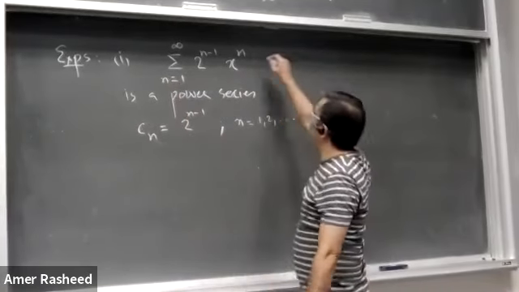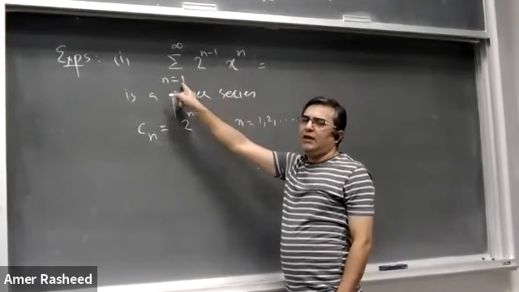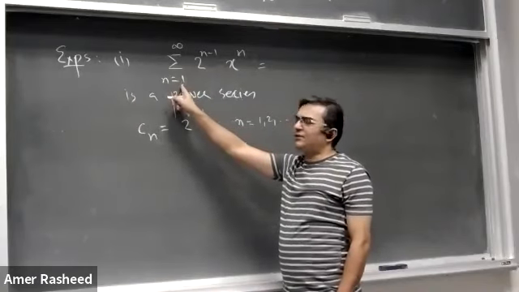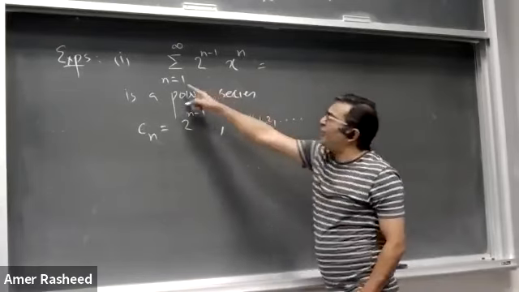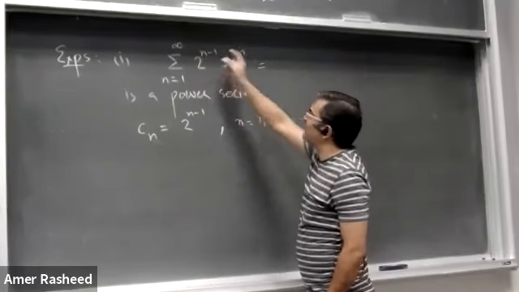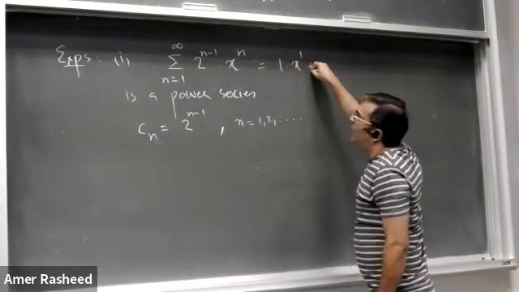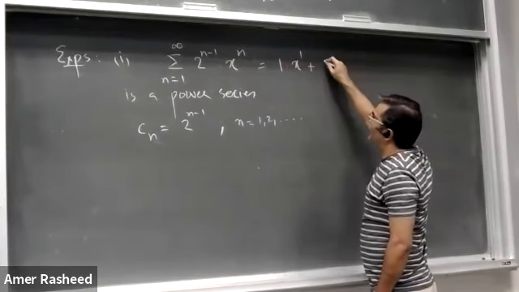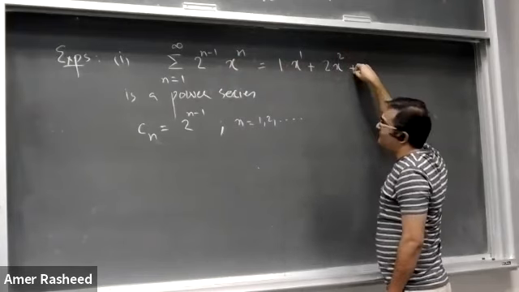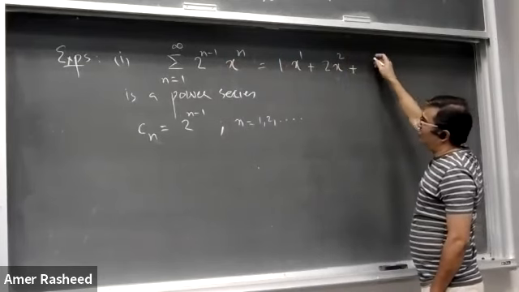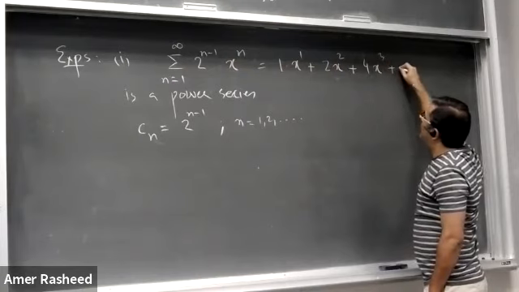Now, if we open up this thing, what do we get? We put n starting from 1. In a series, n could start from 0 or 1. It doesn't matter. So if we put n equal to 1, we get 2 power 1 minus 1, which is 1, so 1 times x power 1, plus n equal to 2, we get 2 power 2 minus 1 which is 2, x power 2, plus when n is 3, we get 4 x power 3, plus so on.